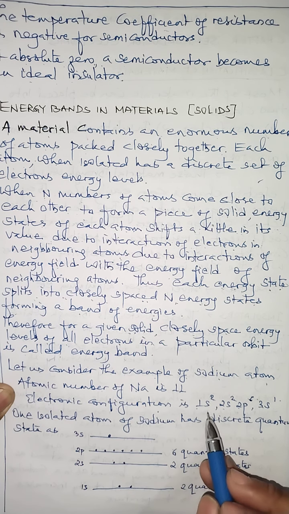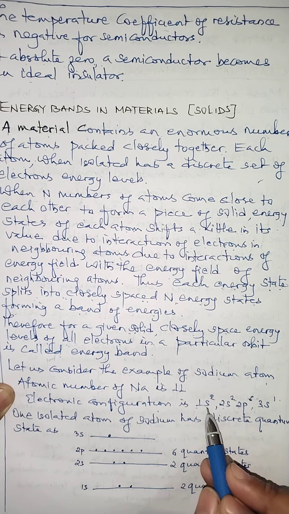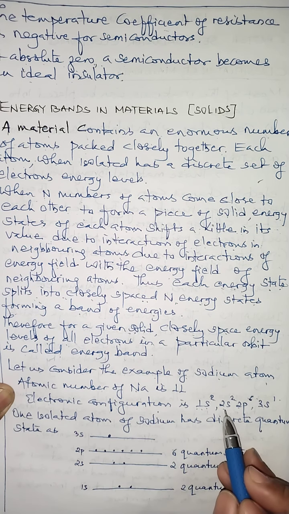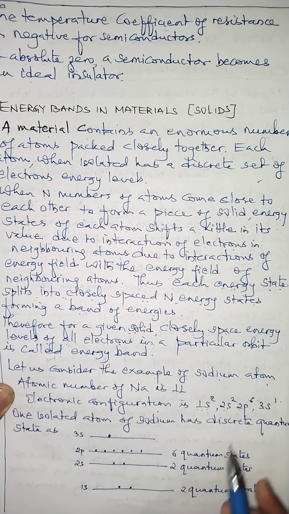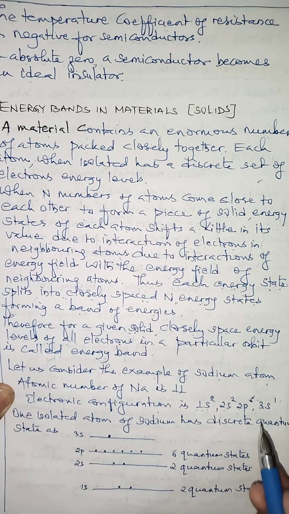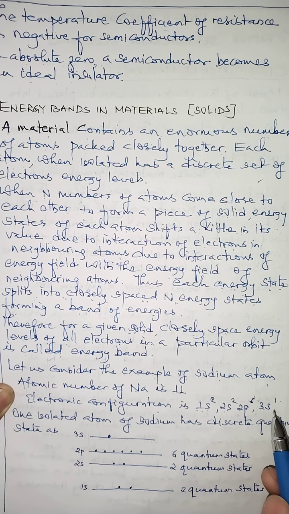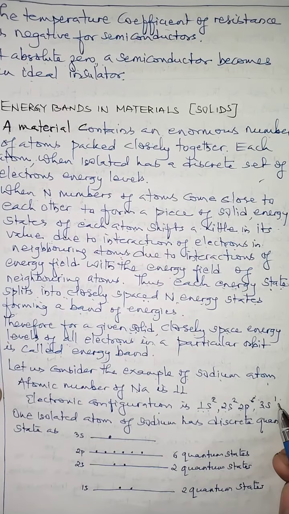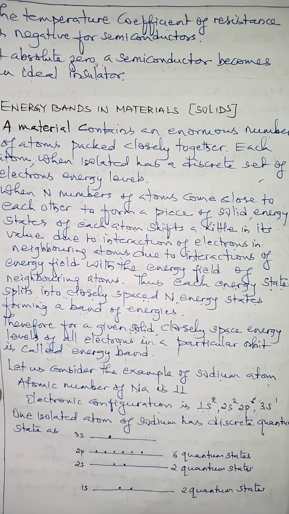That means the 1s block contains 2 electrons, the 2s block contains 2 electrons, the p block consists of 6 electrons, and lastly the outermost is the 3s block, and this 3s block contains 1 electron in the outermost orbit.